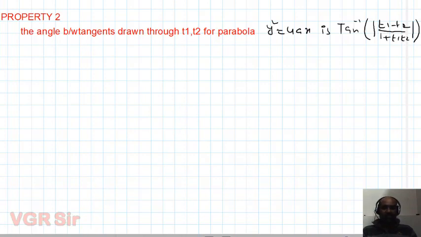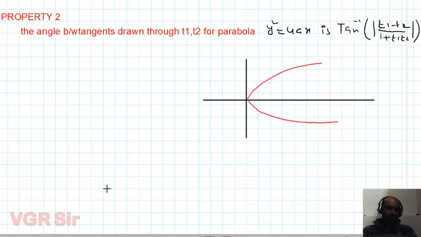First of all I want to draw a rough sketch for this. Okay students, so this is T1, say this is T2, and this is theta. We want to find the angle theta.